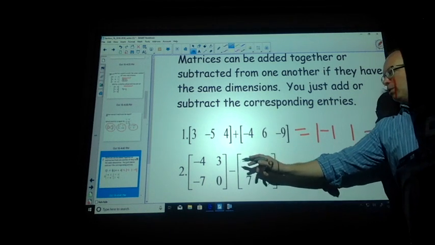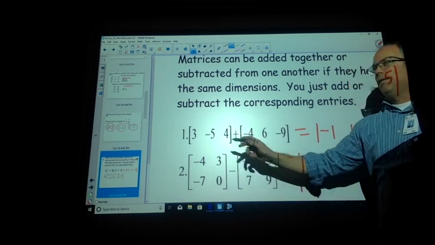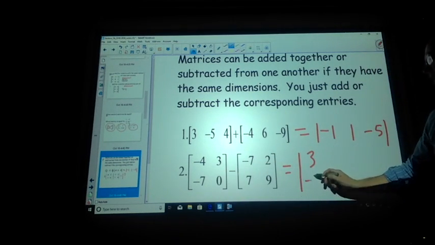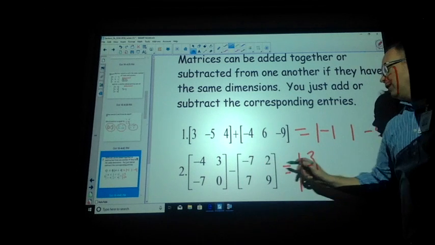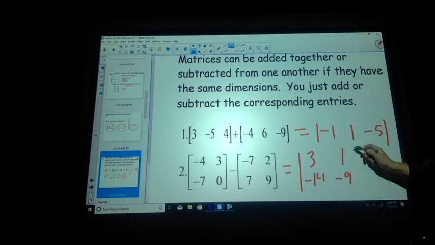This one can be subtracted because they're both 2 by 2, so I get 4 minus -7, which is 4 plus 7, which is 3. -7 minus 7 is -14. 3 minus 2 is 1. And 0 minus 9 is -9. So you add and subtract part to part.